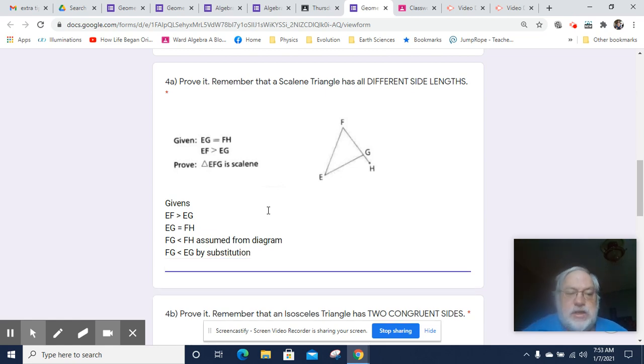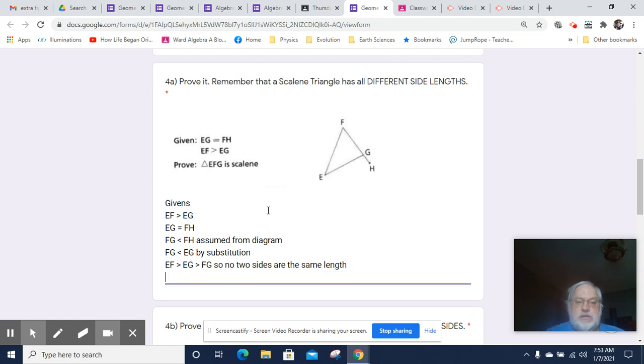Okay, so since FG is less than EG and EF is greater than EG, we can say EF is greater than EG, which is greater than FG. So no two sides are the same length. Triangle EFG is scaling by definition of scaling.